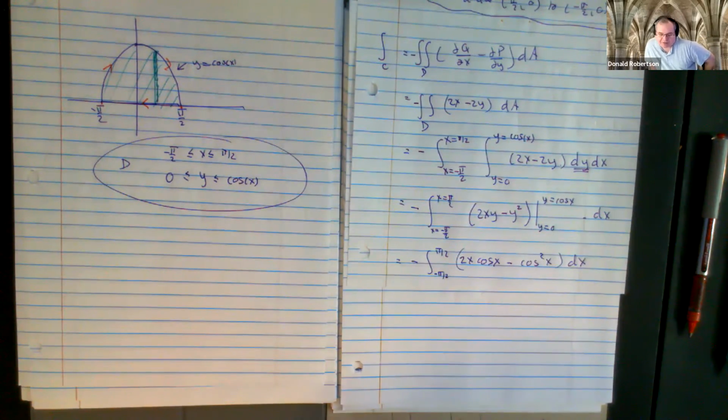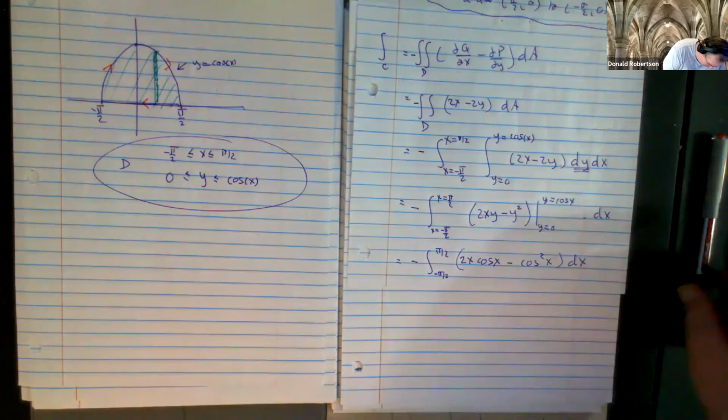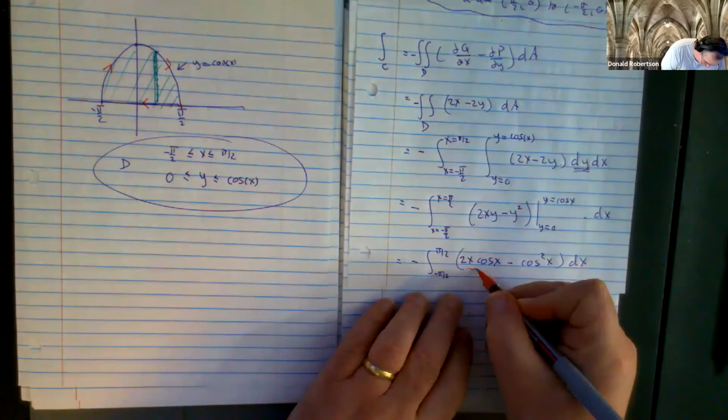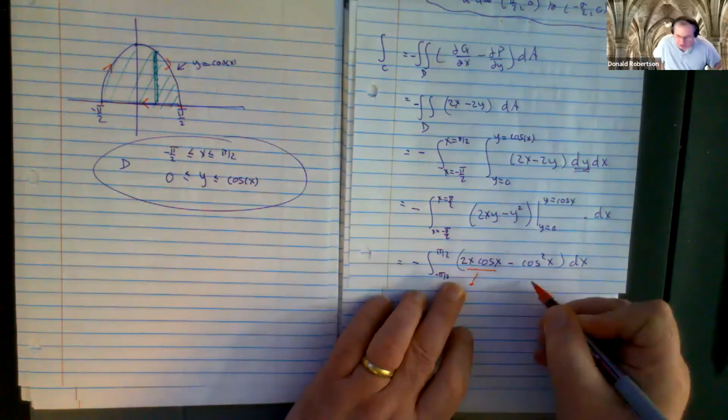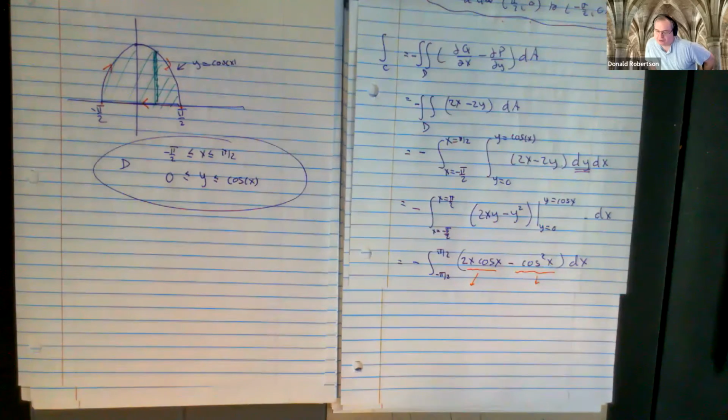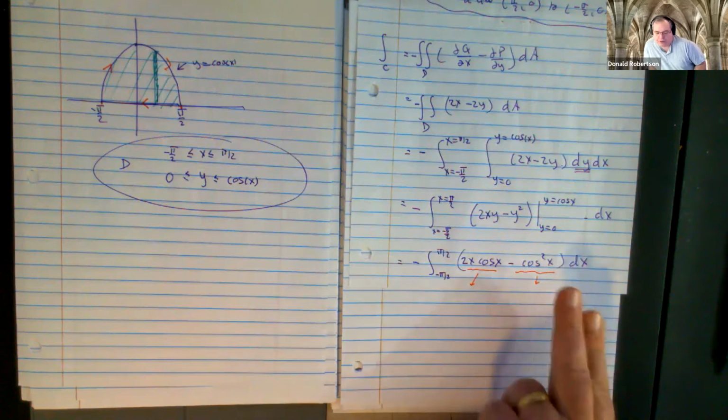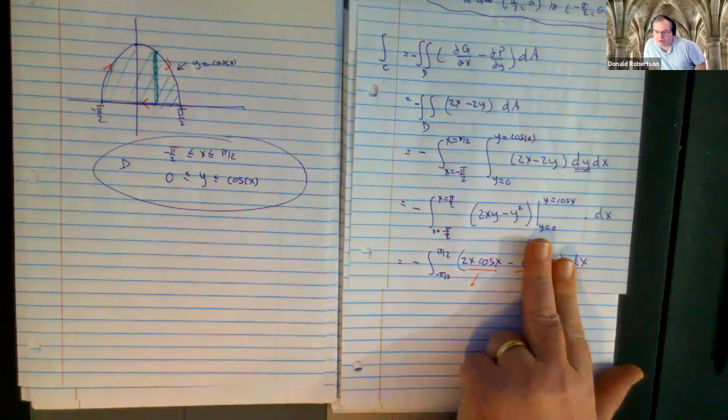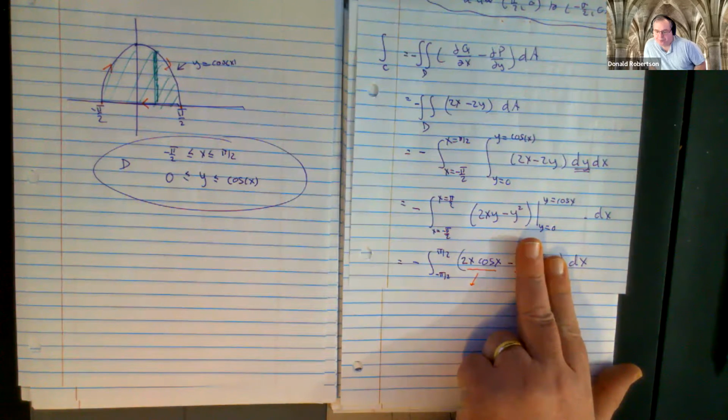And the reason I wanted to take this fella a little bit further is I'm going to have to integrate this guy, and I'm also going to have to integrate this guy. You probably should do them separately, right? Because they don't really play well together. What method will I use to integrate 2x cosine x? That would be an integration by parts, wouldn't it?